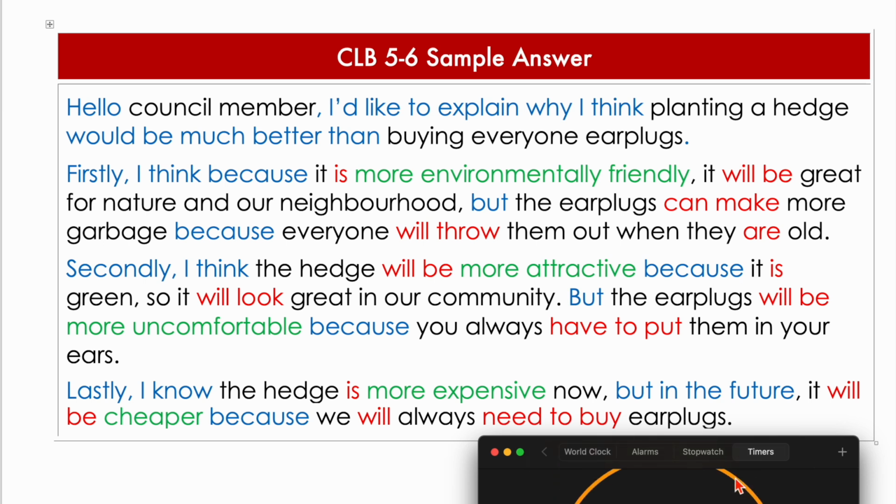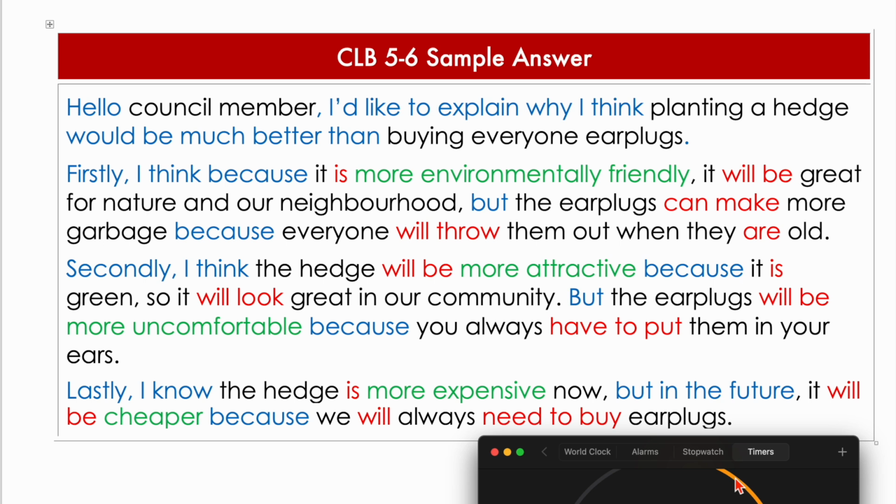Hello, council member. I'd like to explain why I think planting a hedge would be much better than buying everyone earplugs. Firstly, I think because it is more environmentally friendly, it will be great for nature and our neighborhood. But the earplugs can make more garbage because everyone will throw them out when they are old.